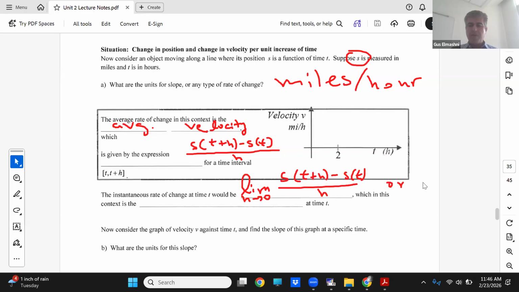Or we could think of it as s prime of t. That is what we call the instantaneous velocity.